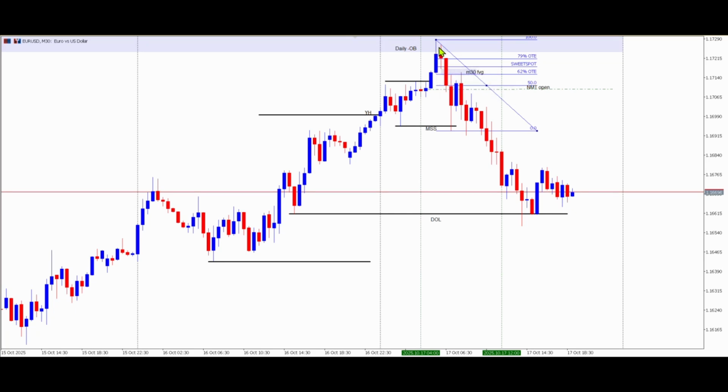Okay, so now we have a very strong confirmation. We are at OTE, fair value gap, very, very strong setup right there. Last up-close candle, that's our bearish order block. We hit it right there.